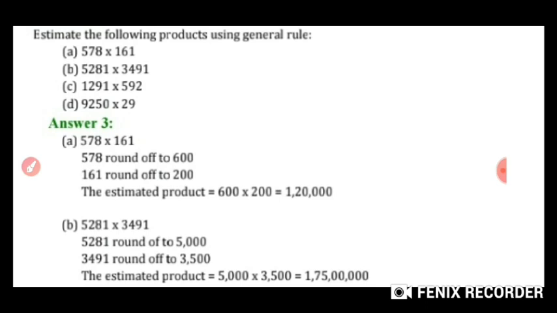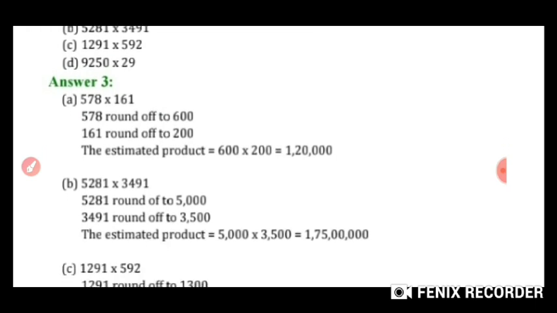Then 200. Now the estimated product means multiplying. 6 twos are 12. Then how many zeros remain? 4 zeros, so we simply add them. Now see, 1,20,000. Our product value will be 1,20,000.